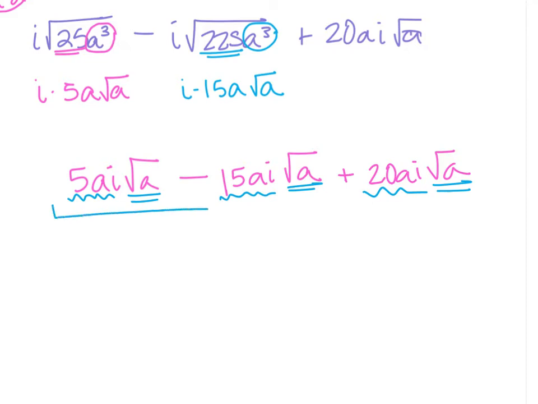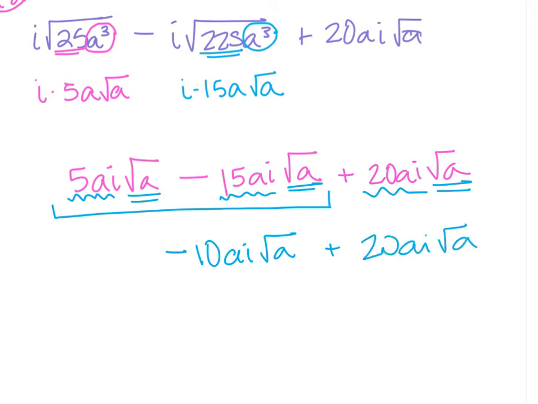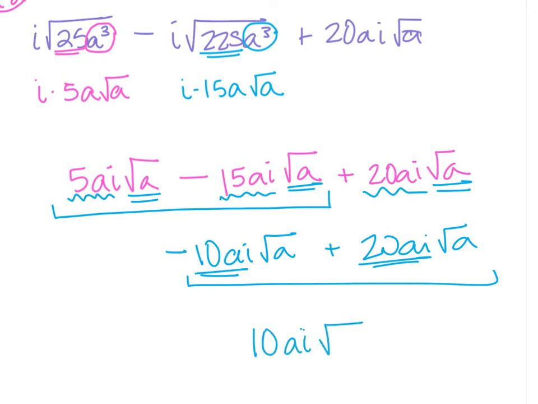So 5 minus 15 is negative 10ai square root of a plus 20ai square root of a. And now we can combine these two. Negative 10ai plus 20ai is positive 10ai times the square root of a. So not too bad, just a little bit involved.